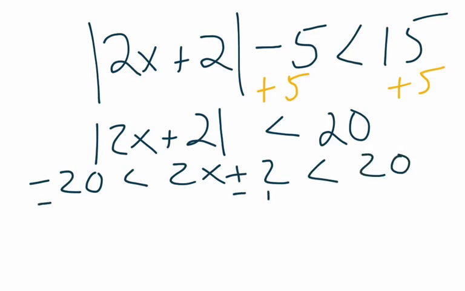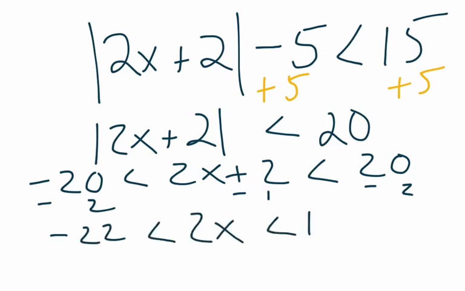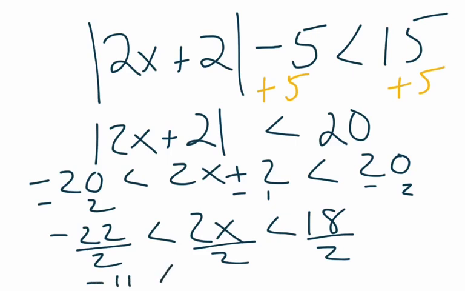I'm going to subtract 2 from all pieces of that. So negative 22 is less than 2x is less than 18, and then I will divide everything by 2 to get negative 11 is less than x is less than 9, or x is some number in between negative 11 and 9.